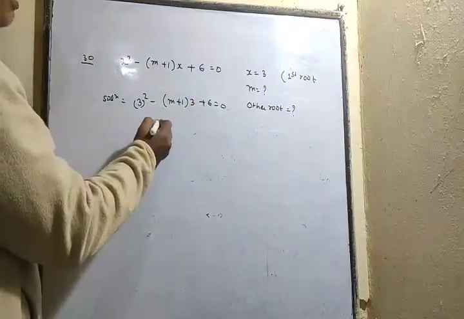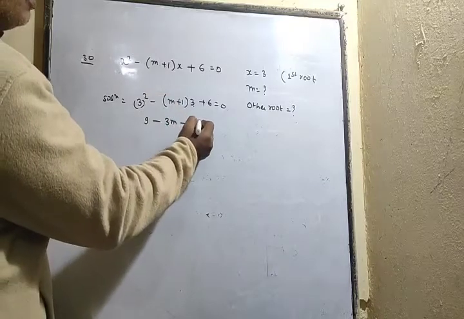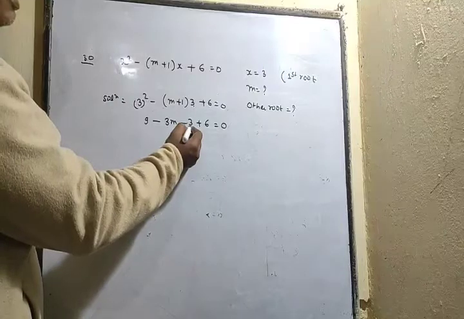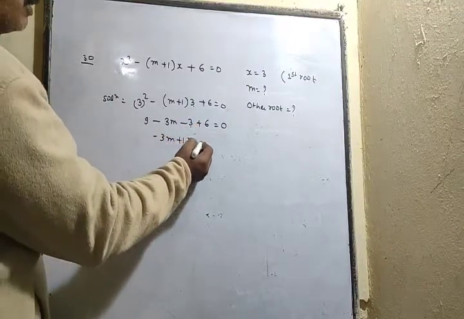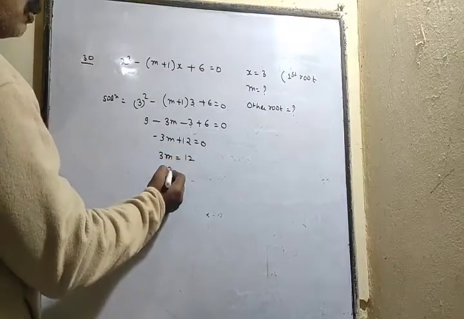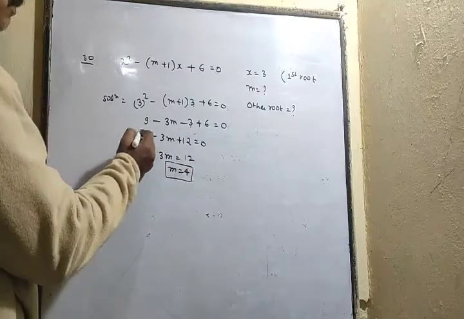So it will be 9 minus 3m minus 3 plus 6 is equal to 0. So what will happen? 9 minus 3 is 6, 6 plus 6 is 12. So minus 3m plus 12, that is equal to 0. So 3m will come out as 12. So m will come out as 4. First part of the answer has come.